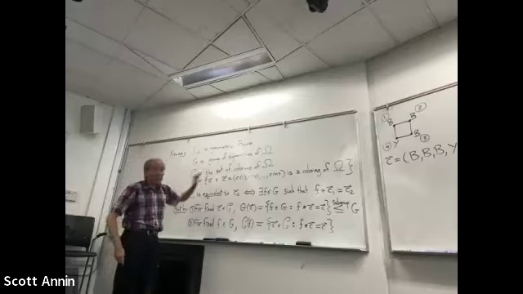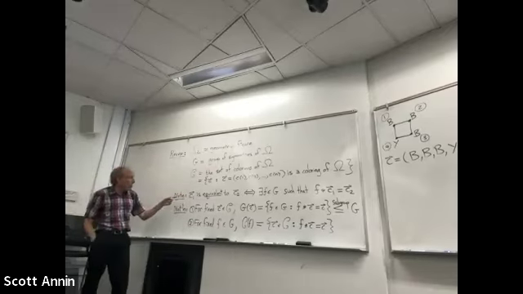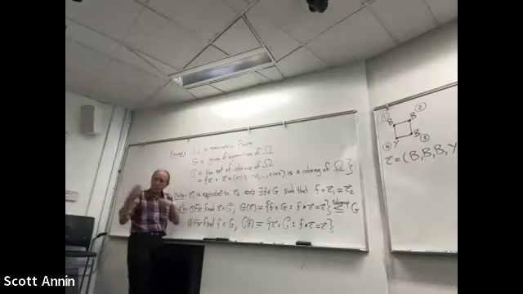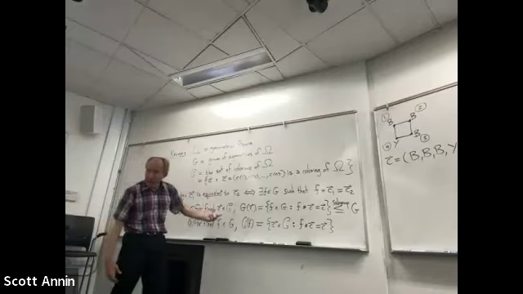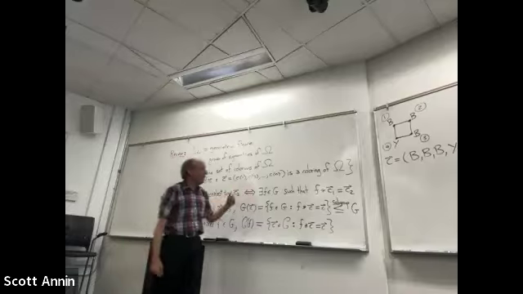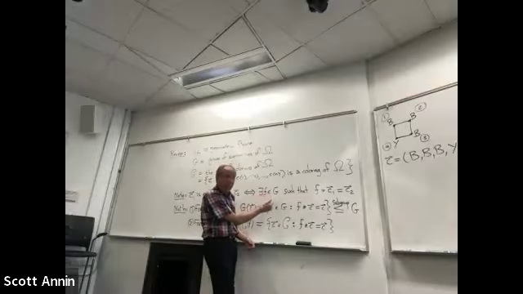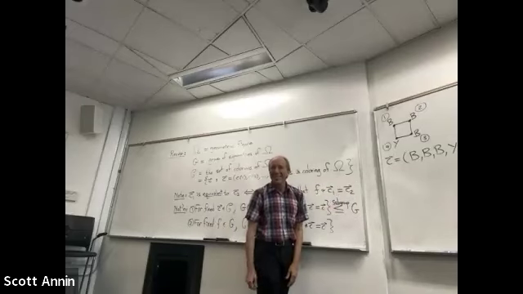Now, I made a note on Tuesday, just to remind you: two colorings, that would be two vectors, C1 and C2, are equivalent to each other if and only if we can find some symmetry in our group that would take us from one coloring to another.